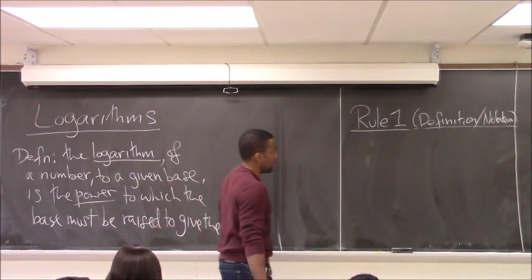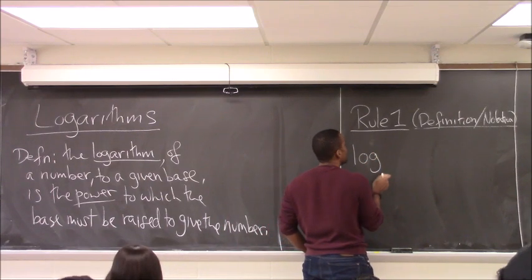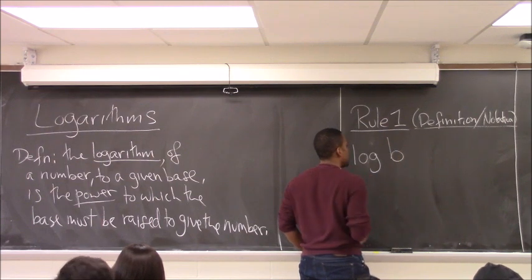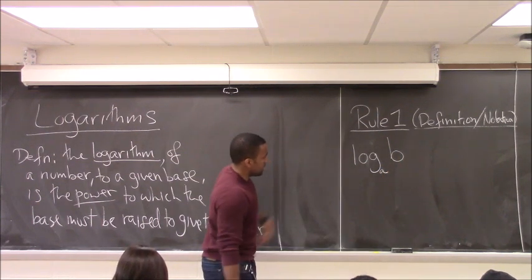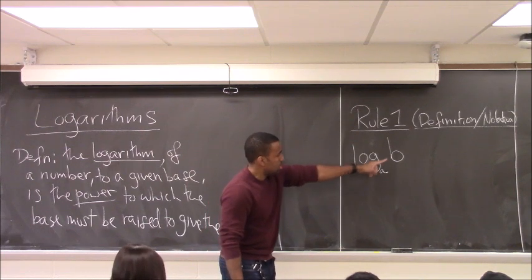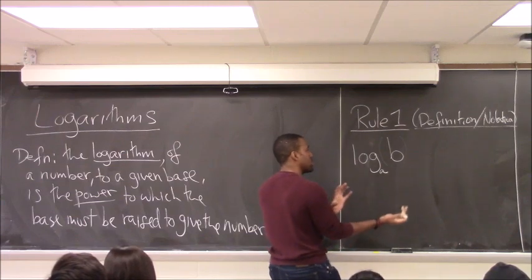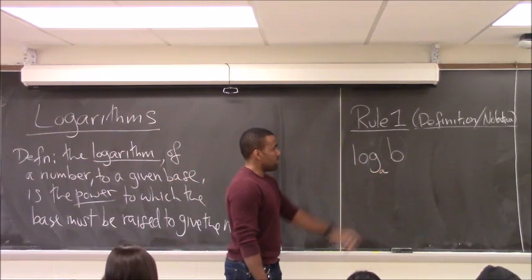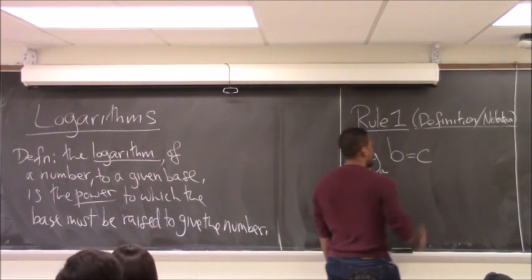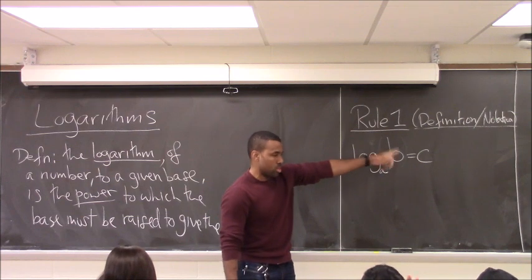The logarithm of a number, call that number b, to a given base, a. You write the a as a very small number down here. The log you can actually think of as a function. So you take b and you plug it into the log. The logarithm of a number to a given base is some other number, which is the power that you need to raise the base to in order to get the number.